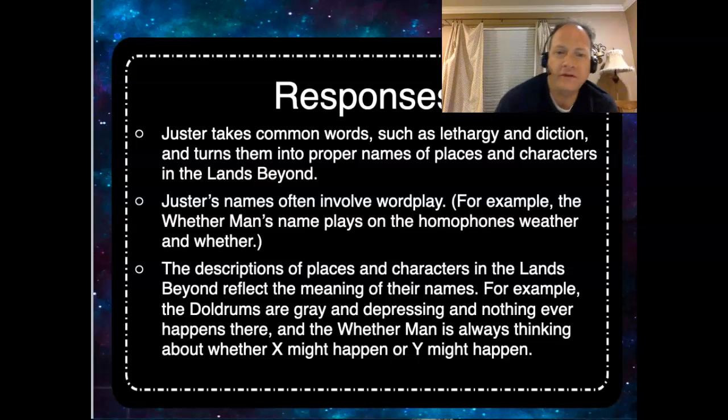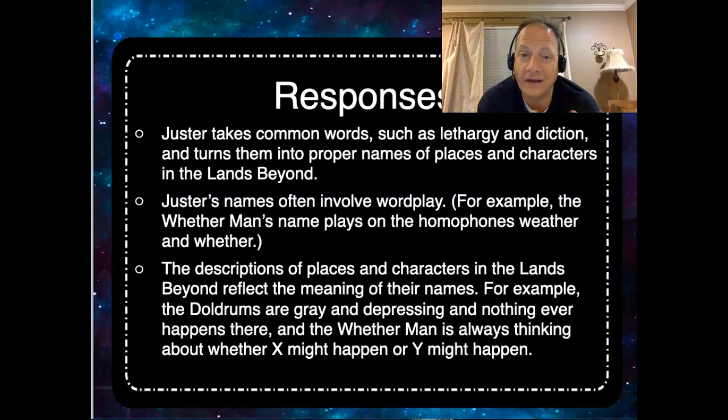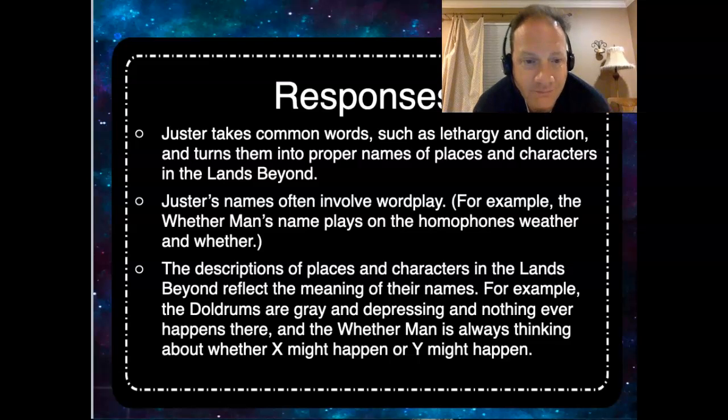Juster's names often involve wordplay. Now, again, our focus in this unit or this module so far has been on wordplay. For example, the weatherman's name plays on the homophones weather and whether. Now, remember, homophones are words that sound the same but are spelled differently. Okay?